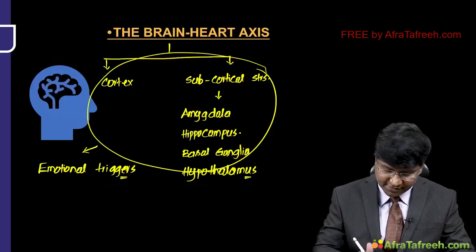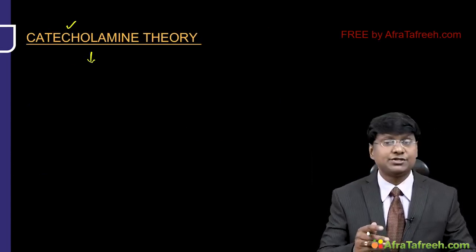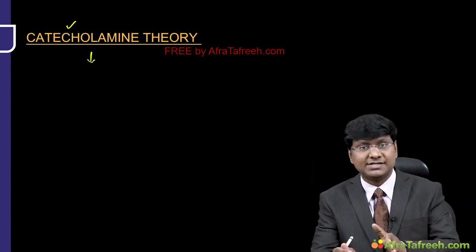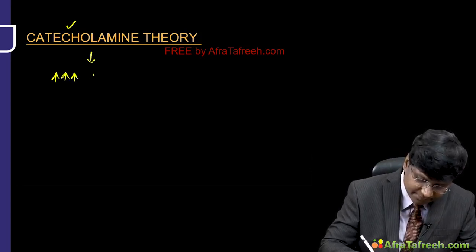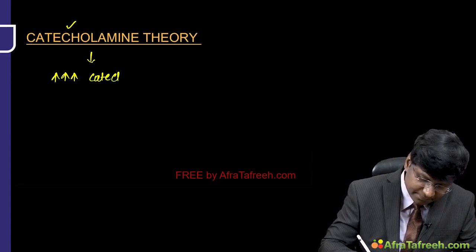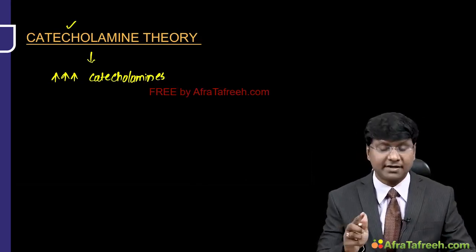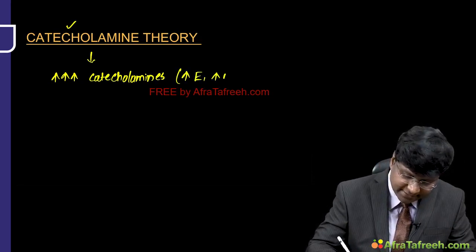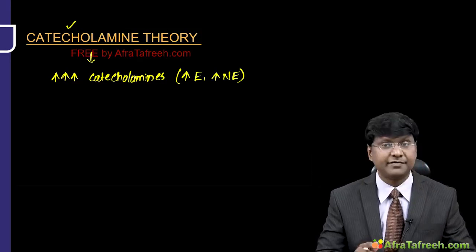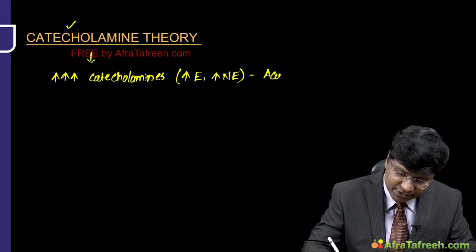Because of the emotional or physical trigger, there will be overstimulation of the cortical or subcortical structures causing excessive release of catecholamines, including excessive release of epinephrine as well as norepinephrine. These are released in excessive quantity in the acute phase.